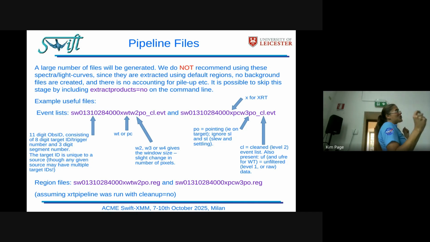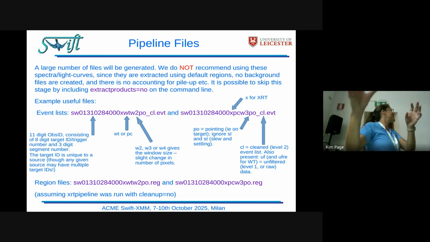And very occasionally, the numbers will not be in chronological order. So you could have 001, the next one is 003, and then it goes back to 002. It's just a quirk of the science planning software because they have a lot of observations to juggle, and the automated system just sometimes moves things around. So don't be surprised if you look at it and think, okay, so the science planners can't count. It's not them, it's the software.